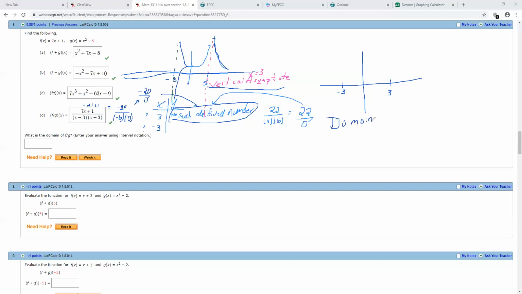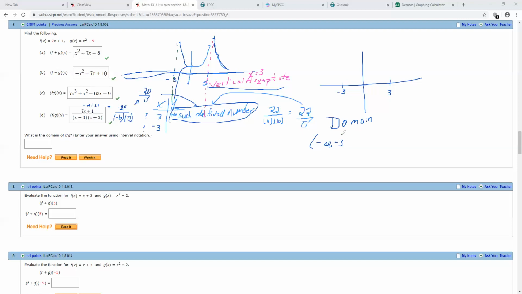Wouldn't it be like the other one? Yep. With the open parenthesis, -infinity, comma, 3, and then the next one would be -3, I'm sorry.